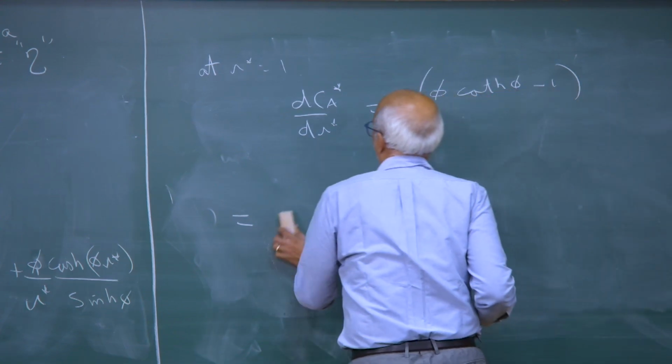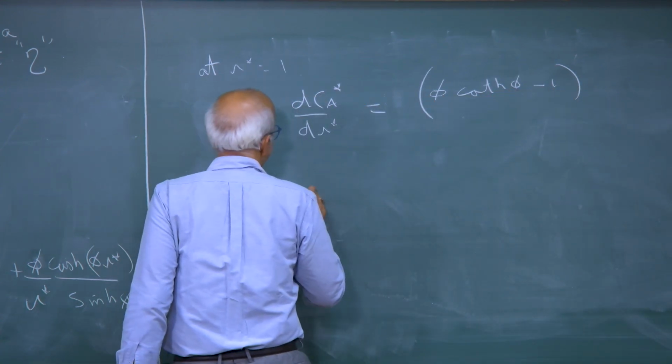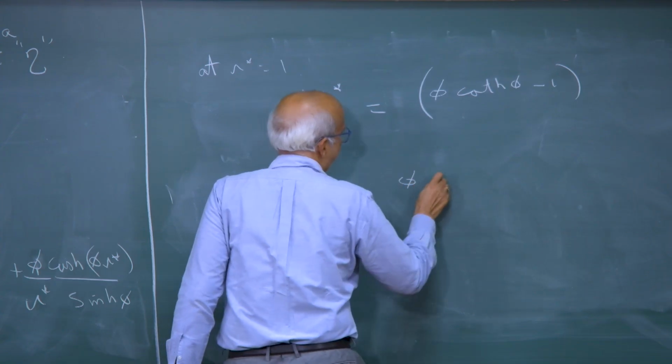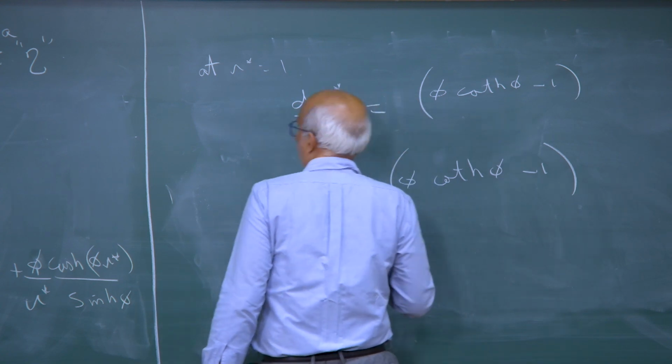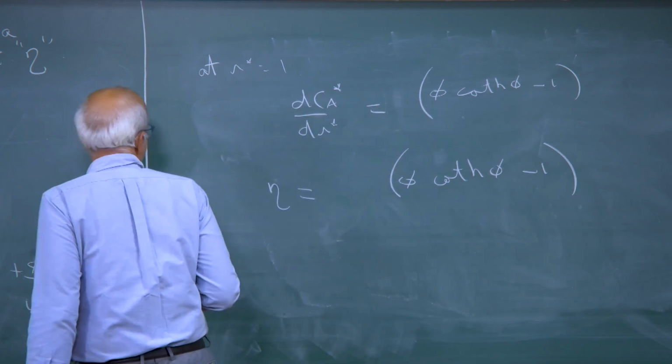So, basically what this means is eta is nothing but phi coth(phi) minus 1 times 3 by phi squared.